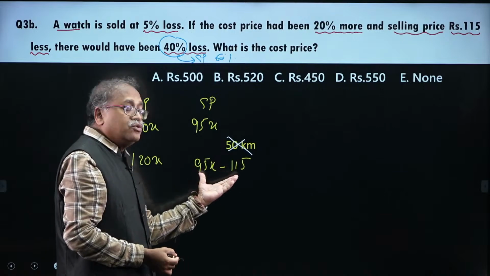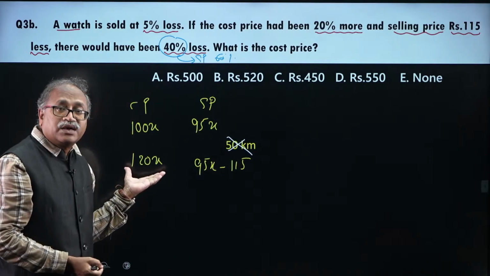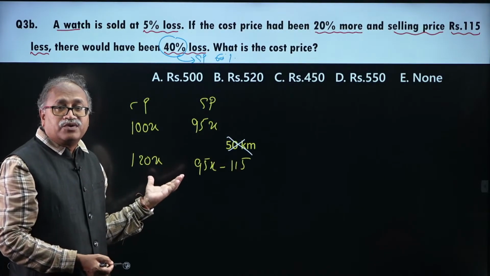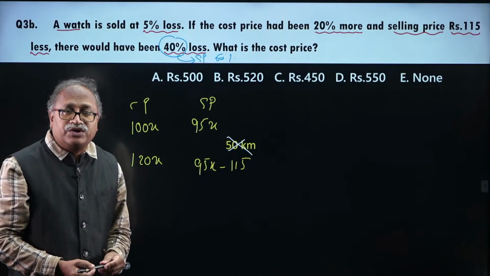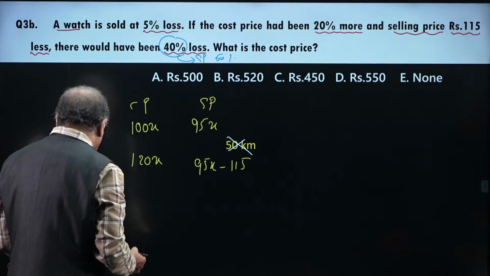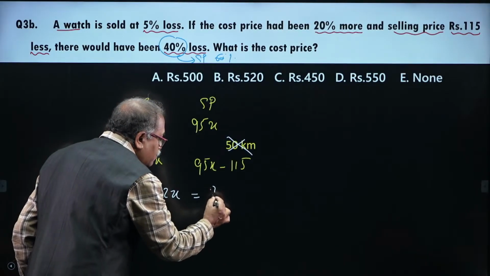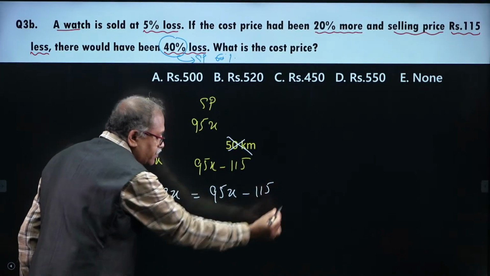So, the given value is 60% of the cost price. What is the cost price in case 2? 120. What is 60% of 120? That comes to 72. So, given to us is 72x, which is equal to 95x minus 115.